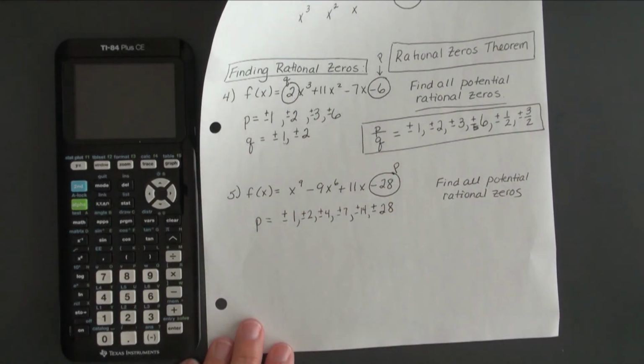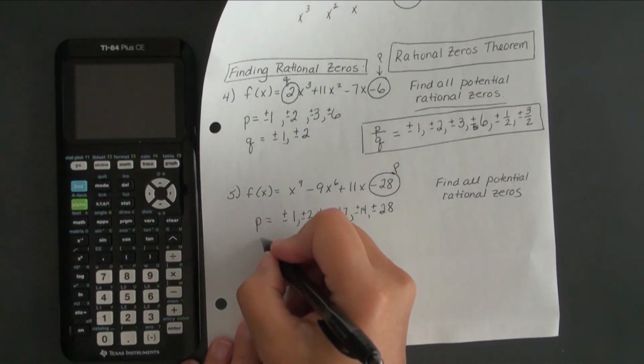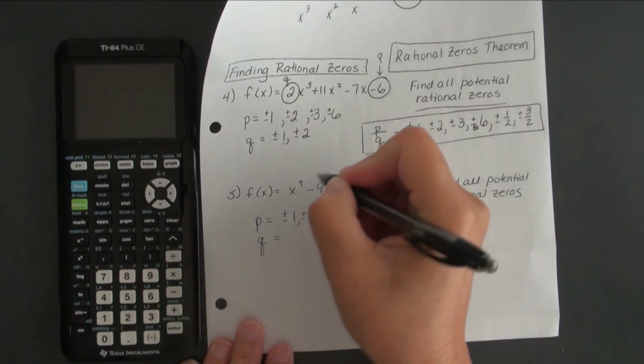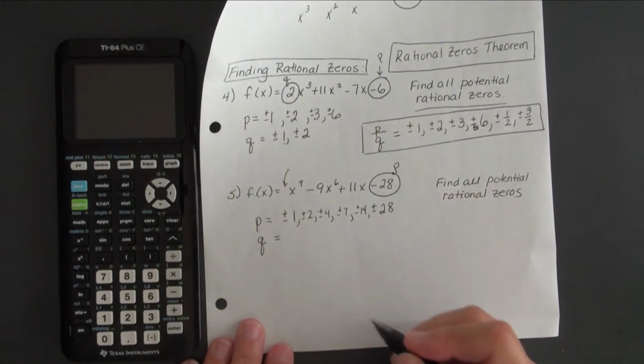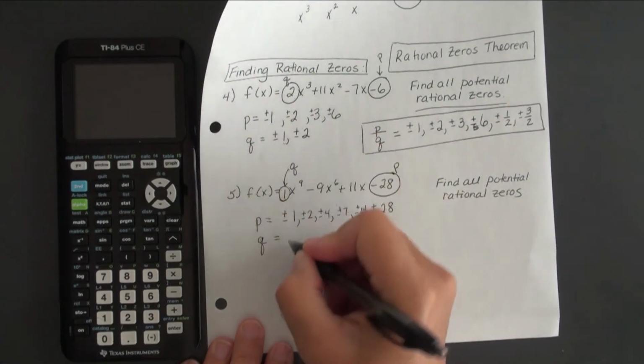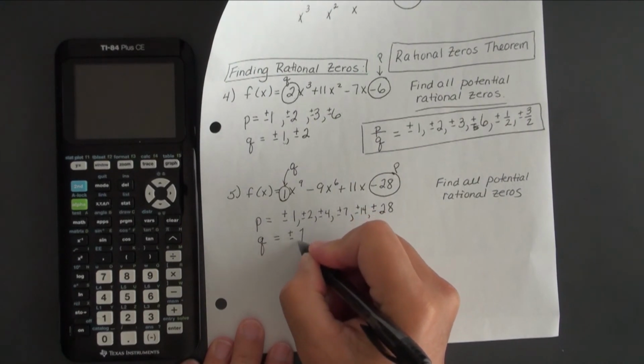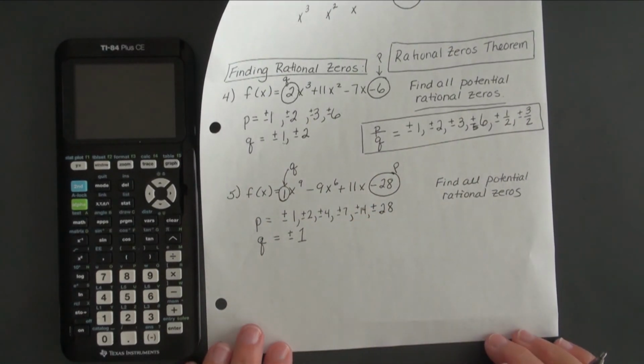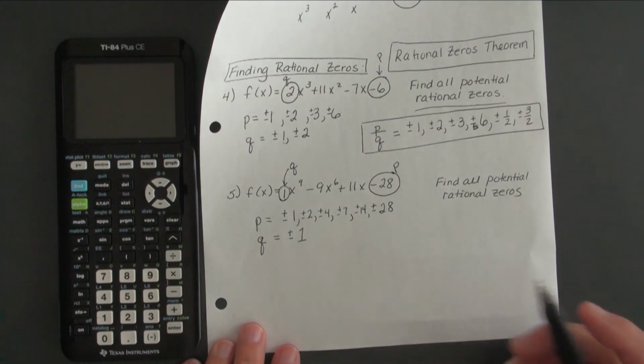So those are all of the numbers that divide evenly into 28, or -28. Now Q is the coefficient of the leading term, which in this case is a 1. So we can only use plus or minus 1 for our Q.